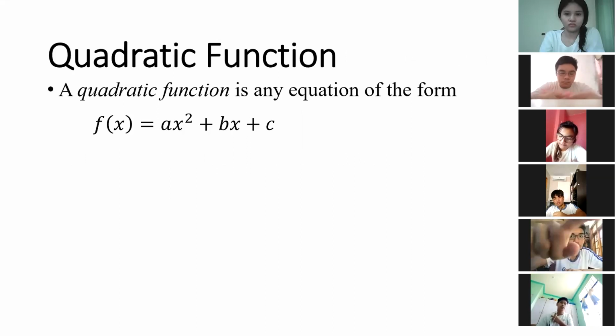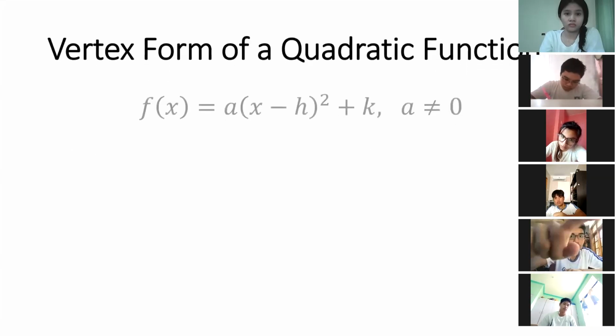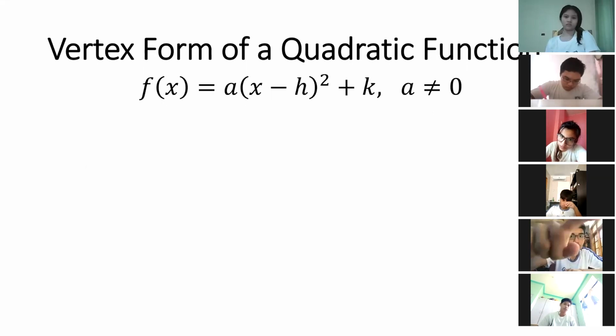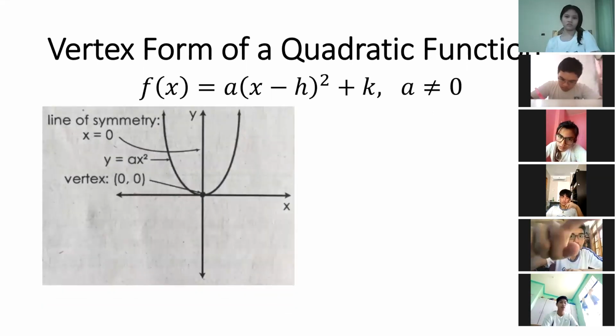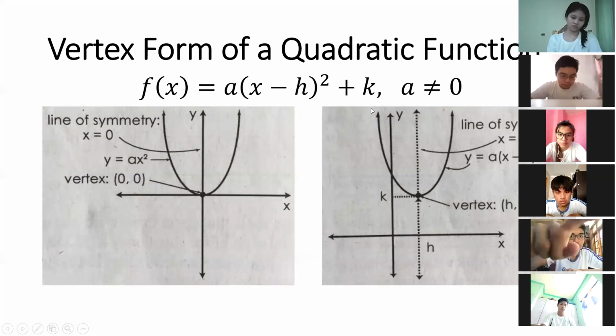Please be reminded, ax squared plus bx plus c is the general form of a quadratic function, and this is the vertex form. The h and k represent your vertex. How to end up with a vertex form? I'm sure you are familiar with completing the square, but you only complete the square for the x, not for the y.